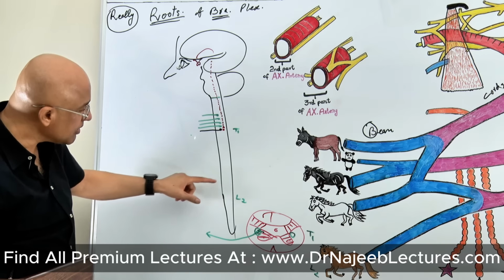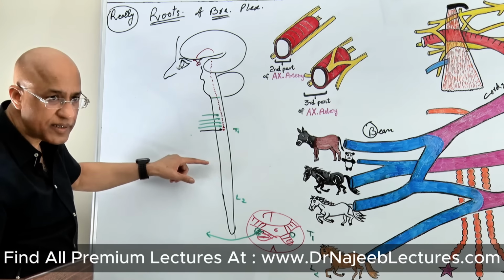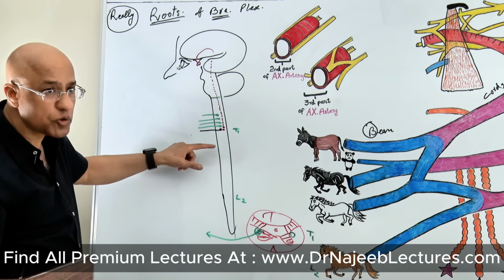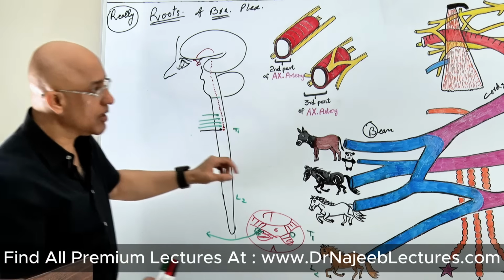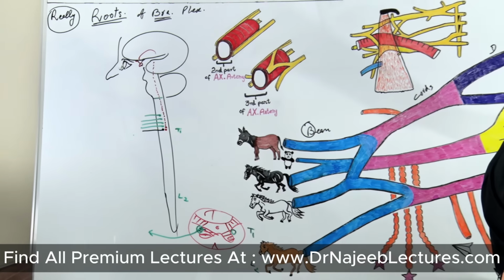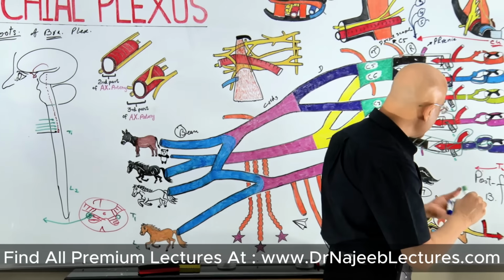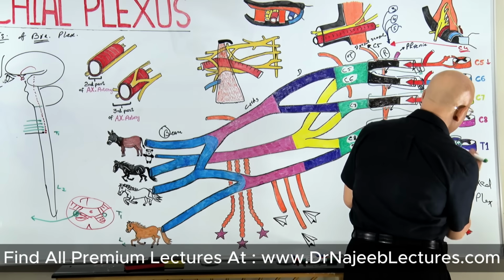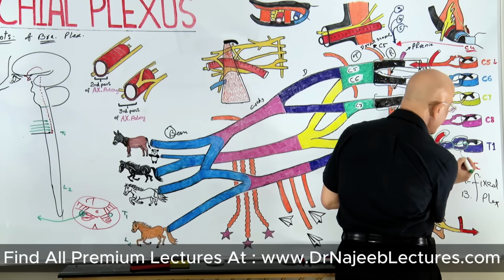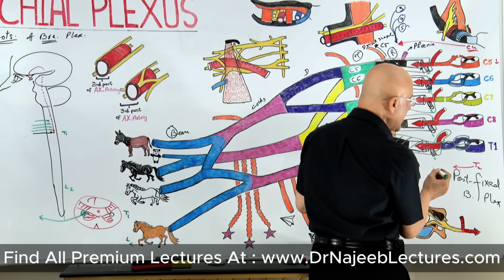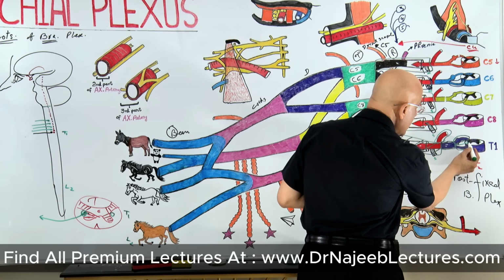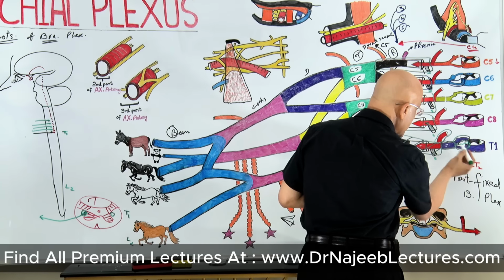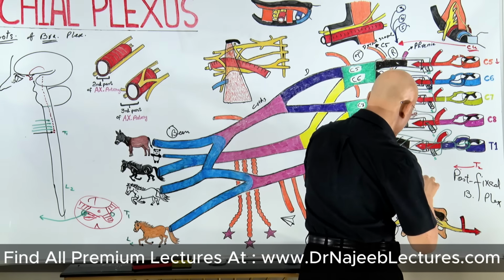From here, the fibers which are coming out have not only motor and sensory components. This T1 has a lateral horn here and a lateral horn here. From here, special sympathetic fibers will come out.